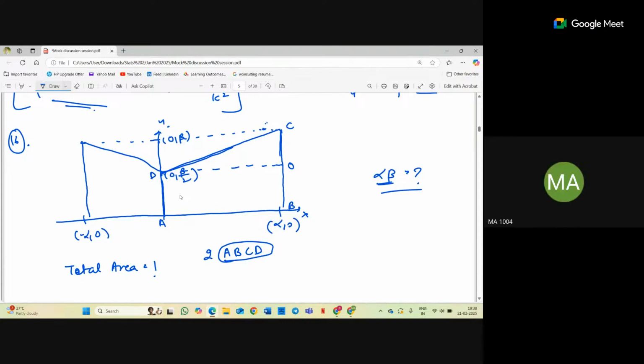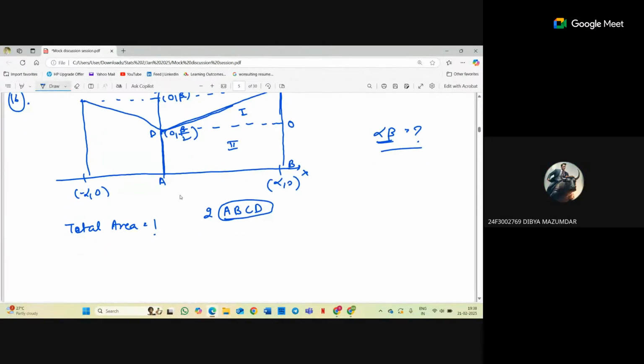Now, this area, I am dividing it into two parts. This is the first part and this is the second part. Ma'am, you can directly find out the area of the trapezium. Yeah, you can say it like that.